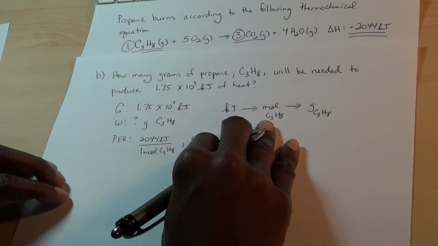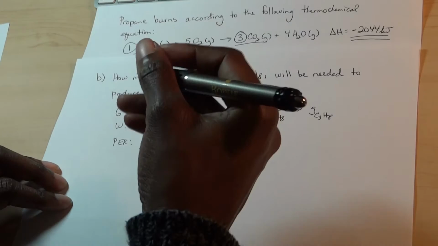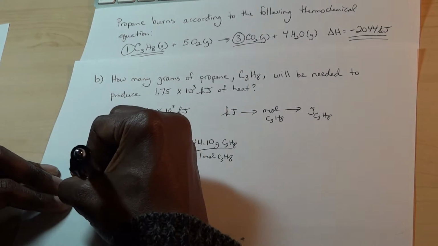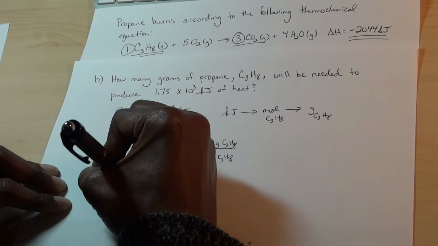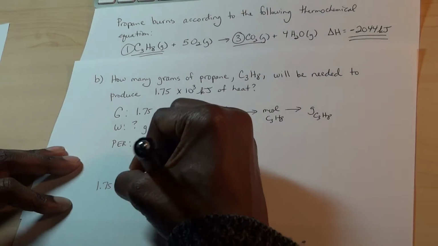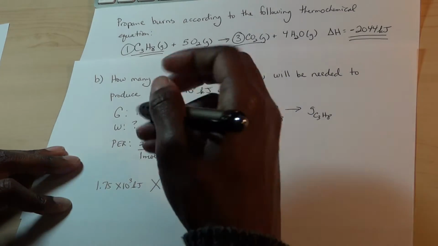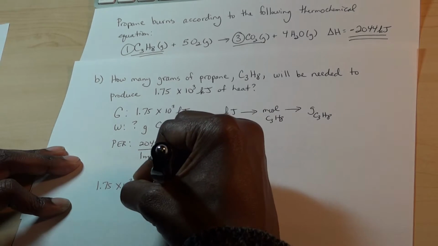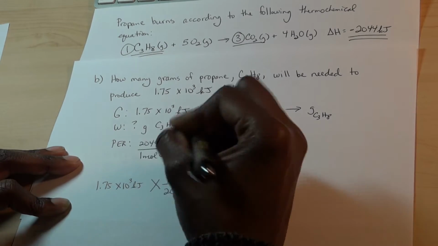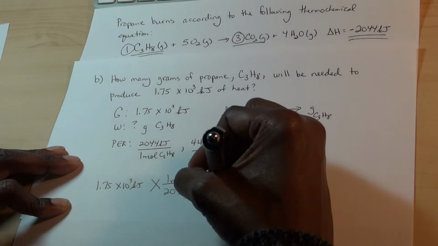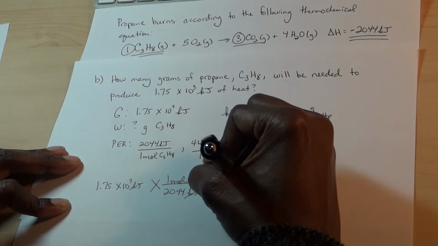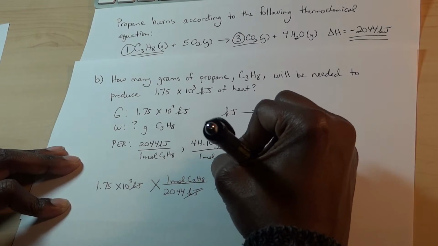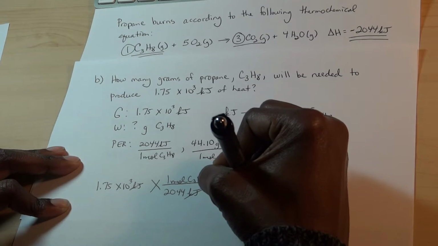Okay, so let's work it out here. Start with our given, 1.75 times 10 to the third kilojoules, times our energy to mole ratio. This time the moles go up top so that kilojoules can cancel: 2044 kilojoules on the bottom. Kilojoules cancel. Times the molar mass, 44.10 grams of propane per mole of propane.